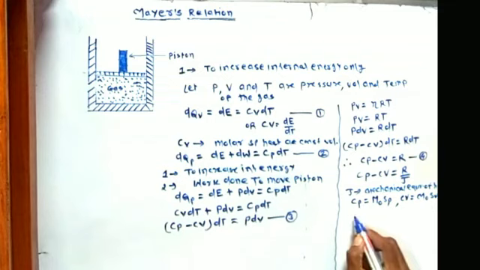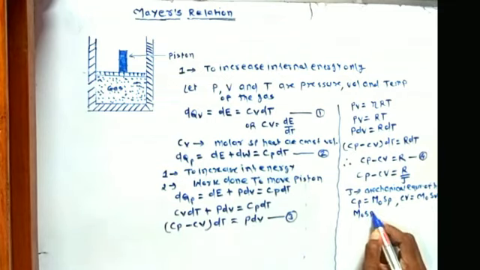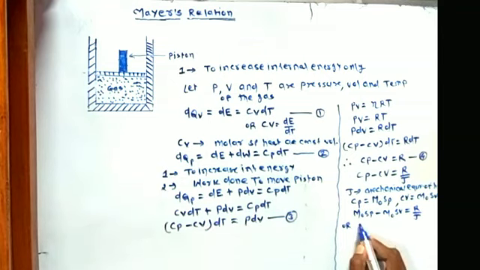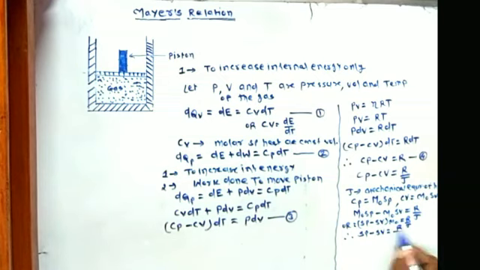The above equation becomes M0 Sp minus M0 Sv equal to R by J, or (Sp minus Sv) M0 equal to R by J. Therefore, Sp minus Sv equal to R upon M0 J. This is Mayer's relation in terms of principal specific heat, where R is the universal gas constant, M0 is the molar mass of the gas, and J is the mechanical equivalent of heat.